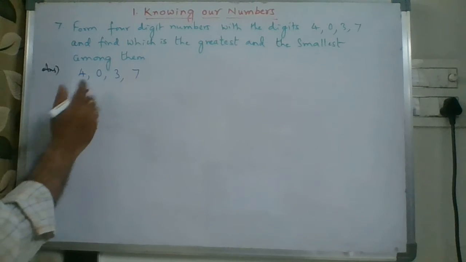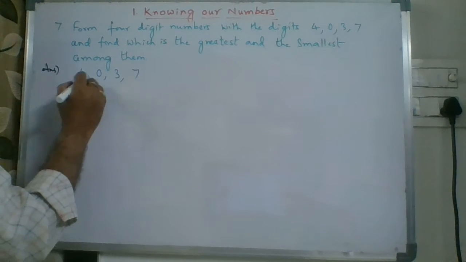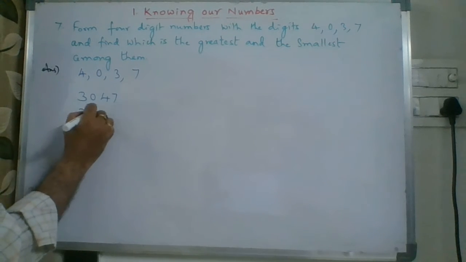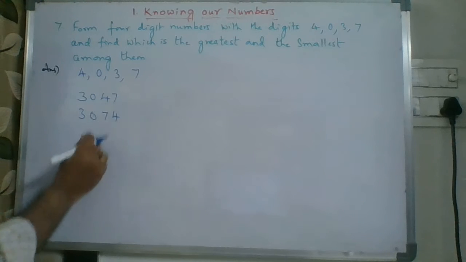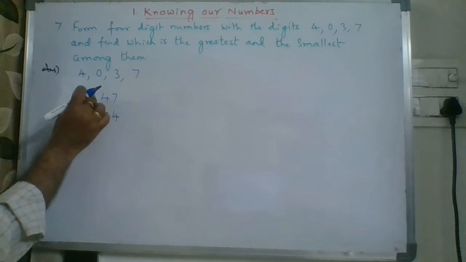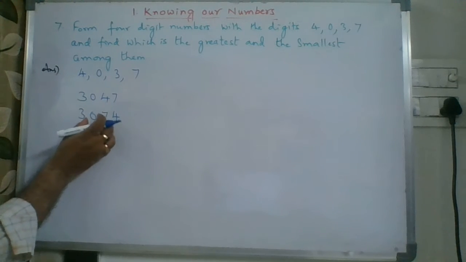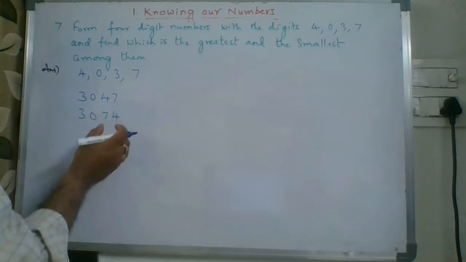Now 3, 0, 4, 7, 3047 we can write, isn't it? 3074, by only interchanging these two, keeping 0 as it is. Okay, and can we write a few more? Yes, we can.